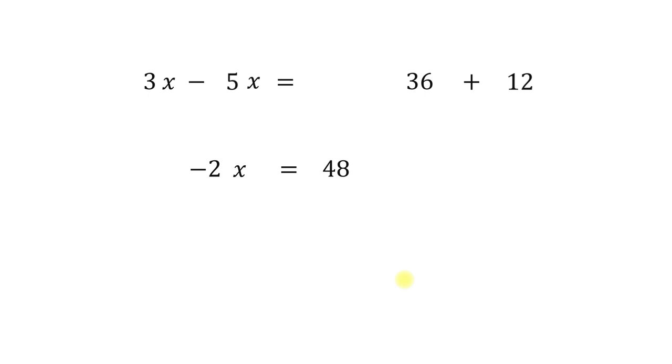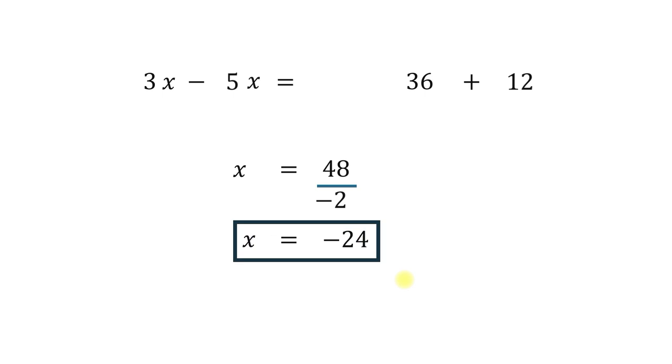Negative 2 times x equals 48. Therefore, x by itself will equal 48 divided by negative 2, giving us a final value for x of negative 24.